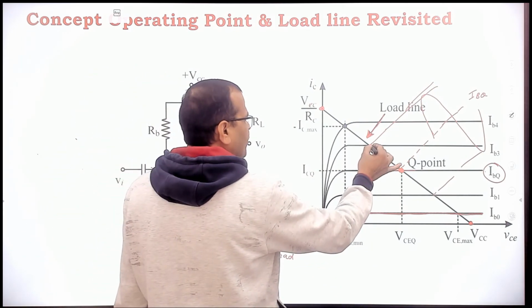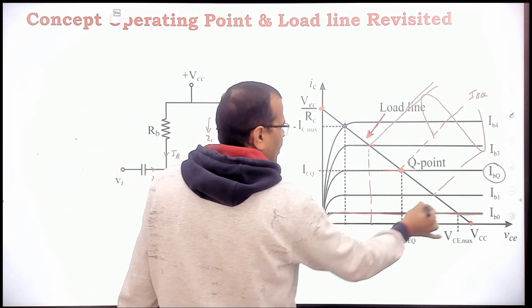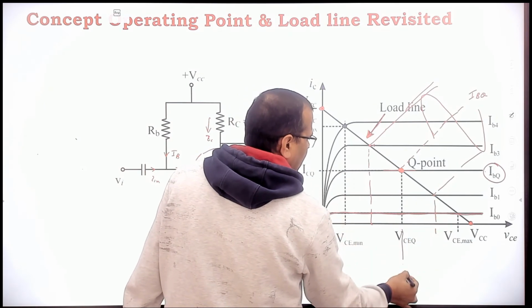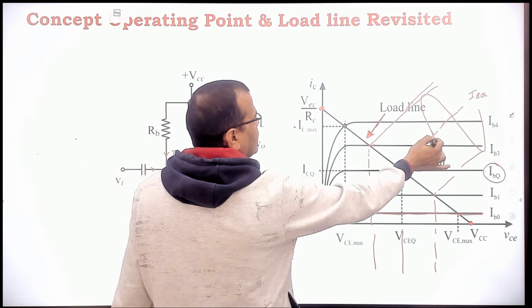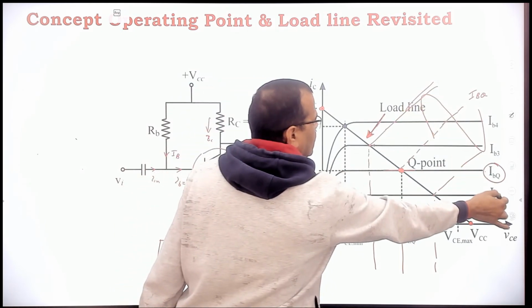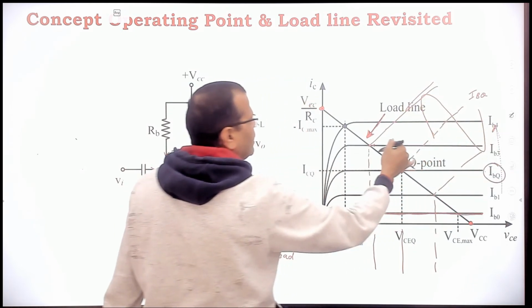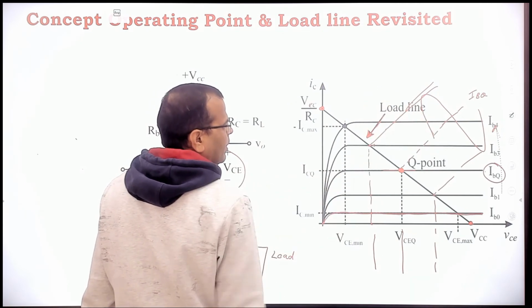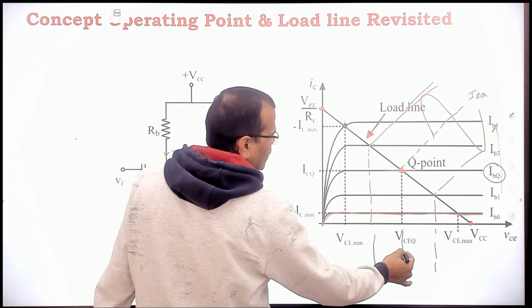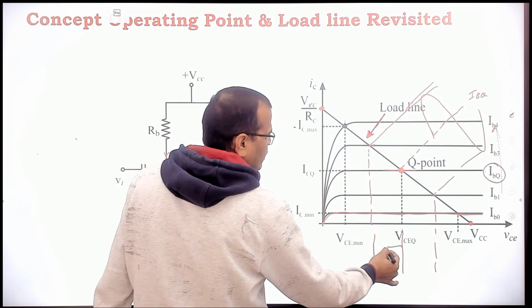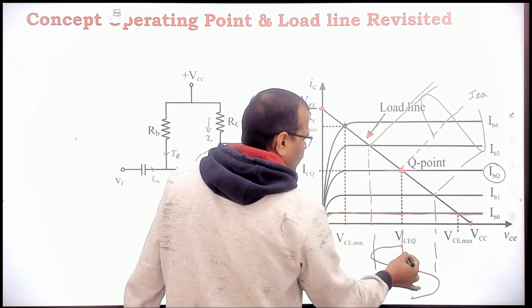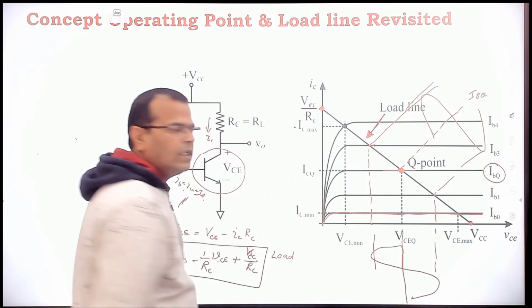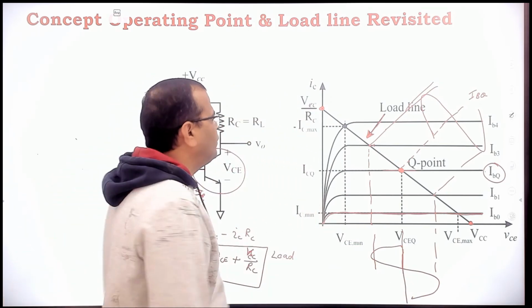The corresponding variations in voltage VCE and current IC will be seen like this. When base current is increasing, my voltage VCE is decreasing, and when base current is decreasing, voltage VCE is increasing. That is the variation in the voltage VCE.